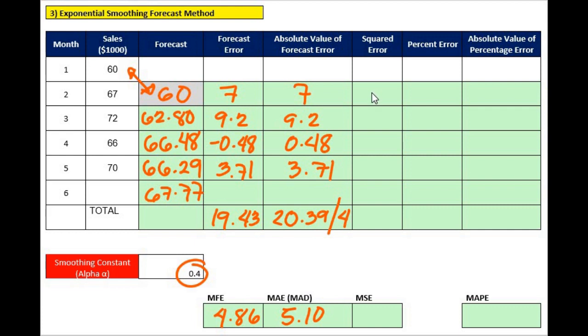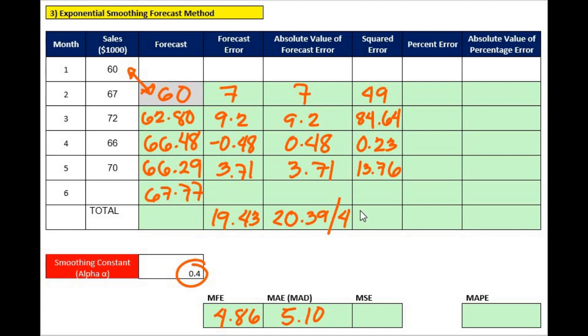For the squared error, simply forecast error squared. 7 times 7, 49. 9.2 squared, that would be 84.64. Negative 0.48 squared, that would be 0.23, and then 3.71 squared, that would be 13.76.